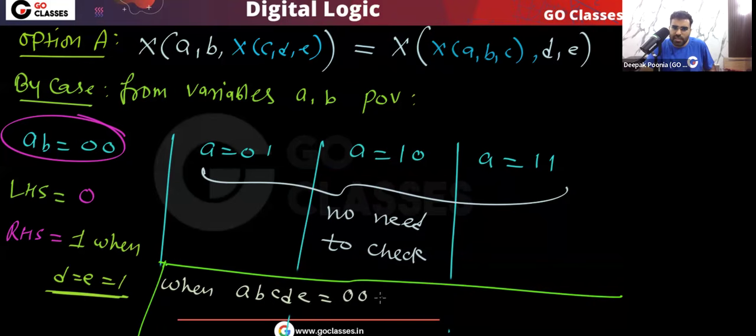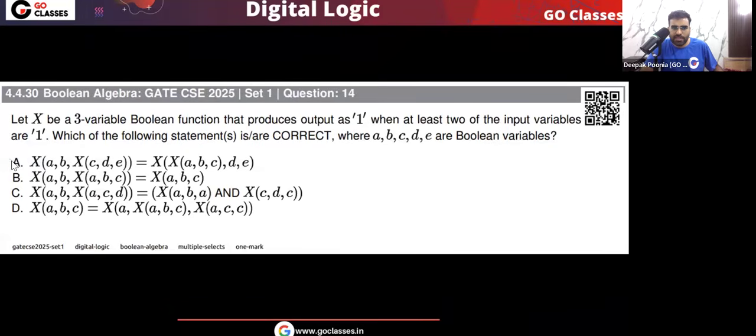You can take C to be anything, that really doesn't matter, and then DE is 1 1. When you have this situation, then in that case LHS will be 0 and RHS will be 1. So definitely LHS and RHS are not equal. Yes or no? So option A has been eliminated. Very simple. Let's see option B now.